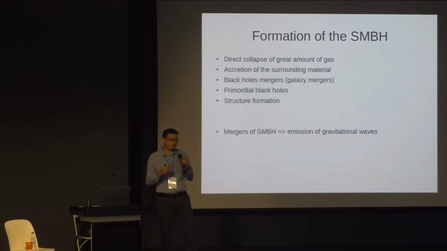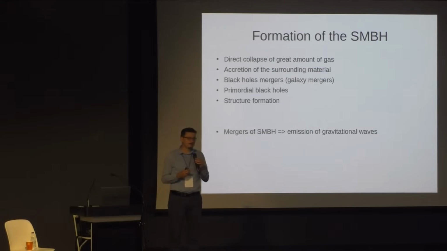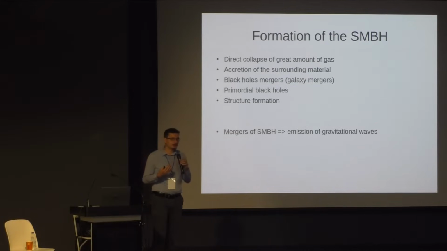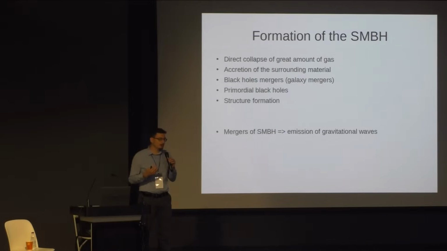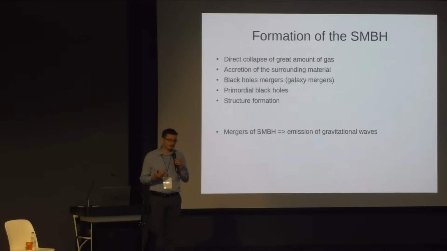When it collapses, we don't have any efficient way of cooling. If we don't have cooling, all that gas collapses directly into a black hole. It skips the part with stellar evolution.